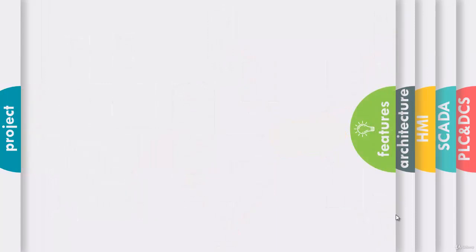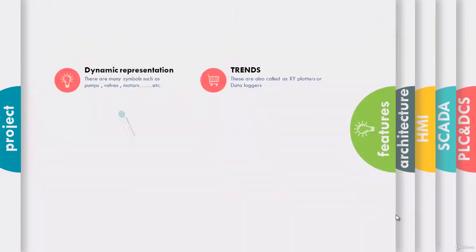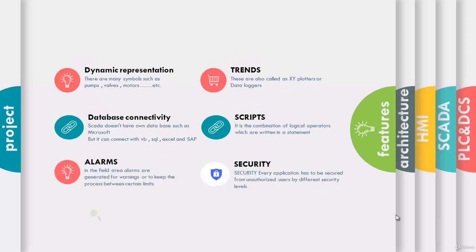The features of SCADA which we are going to discuss in this course: dynamic representation, trends, database connectivity, scripts, alarm, security, and also report. The dynamic representation: there are many symbols such as pump, valve, motors, slider, and many symbols in SCADA can be represented.